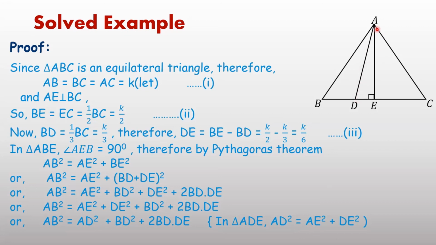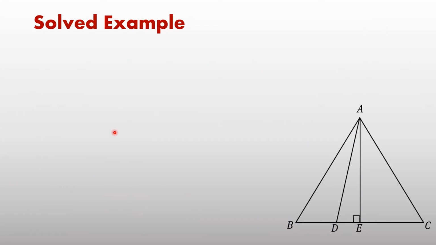In right angle triangle AED, AE square plus DE square equals AD square. In place of AE square plus DE square, we can write AD square plus BD square plus 2 BD into DE. Now put the values of DE equal to K upon 6, BD equal to K upon 3, and simplify.